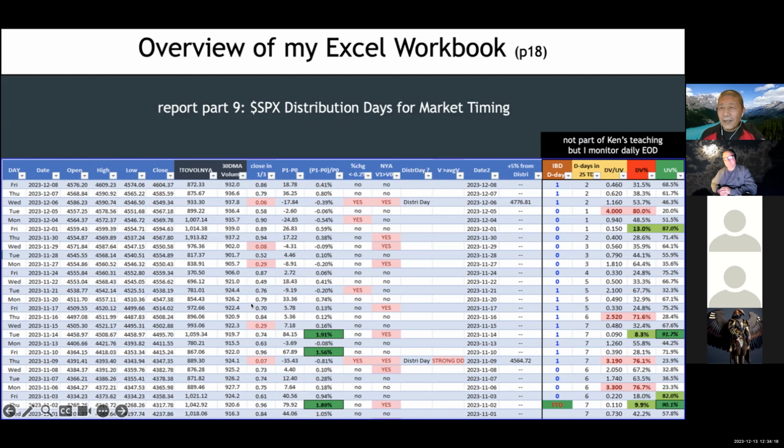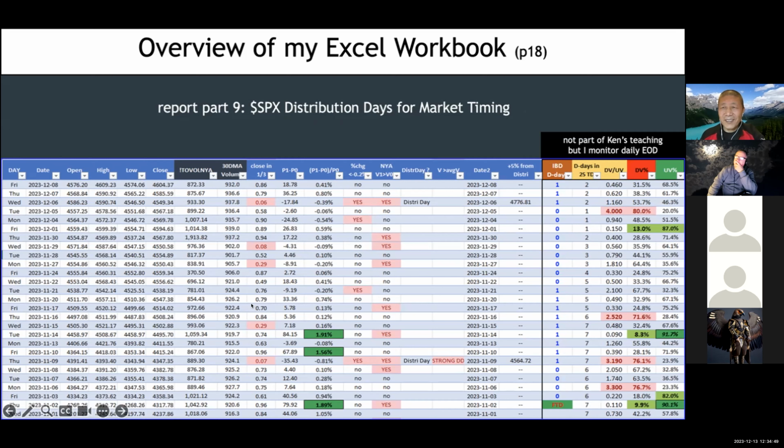A distribution day is when the SPX is down 0.2% with larger volume compared to yesterday and compared to the average. More than 0.2% or 2%? 0.2. So a 0.2% loss is considered significant if it is high volume.